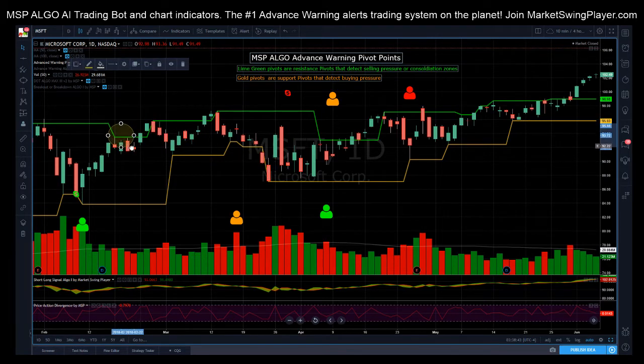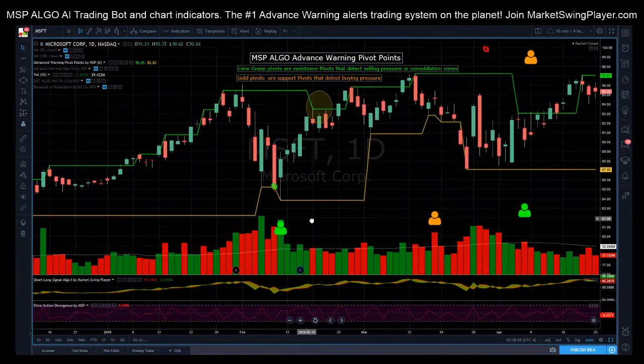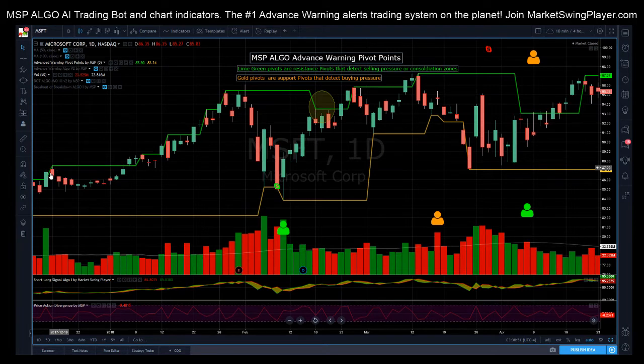This is a step down pivot right there. So we could see that this pivot is going up. So it's considered a step up pivot. We could see that this pivot went down, okay?